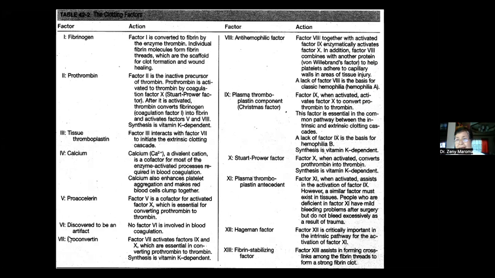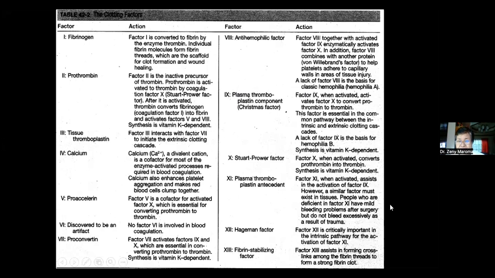These factors are fibrinogen, prothrombin, calcium, tissue thromboplastin, proaccelerin, proconvertin, factor 8 anti-hemophilic factor, and Christmas factor. A lack of anti-hemophilic factor or Christmas factor is classic hemophilia. A lack of factor 8 is hemophilia, which causes bleeding disorders.